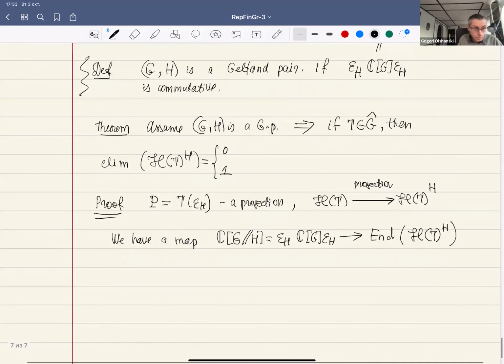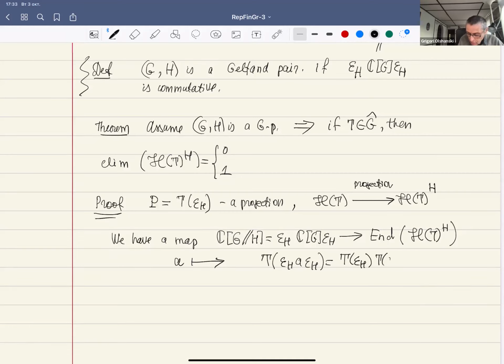How does it look? Very simply, given A, we assign to it T of A, which is the same, just using the definition, as P A P, and we regard this as an operator on this subspace.